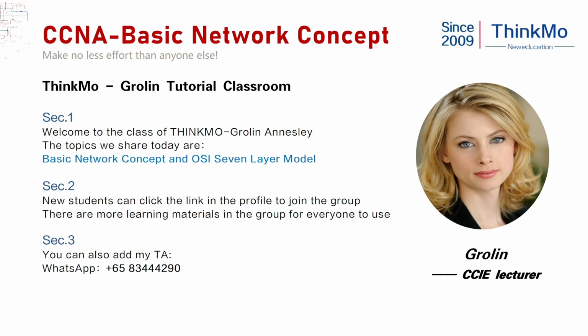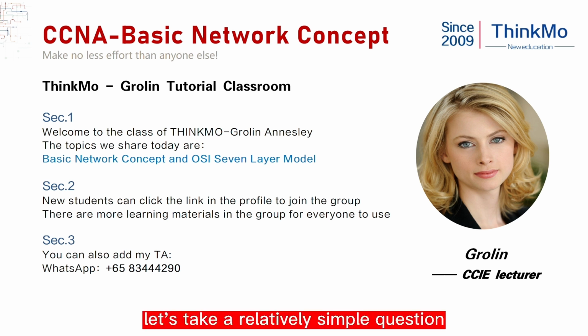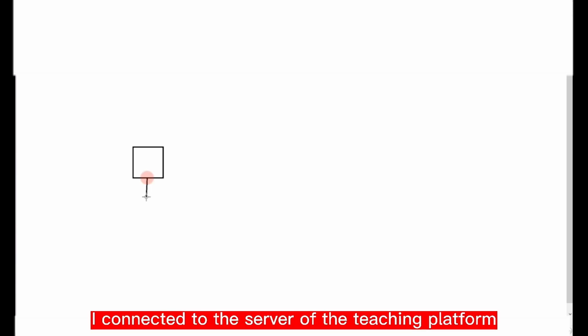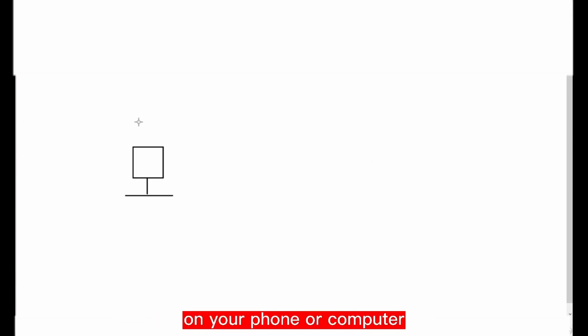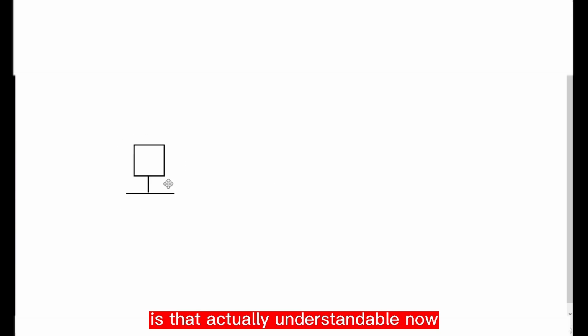For example, let's take a relatively simple question. This is my device on the left, the teacher's computer. I connected to the server of the teaching platform. I'm giving a lecture. You may be listening to my lecture on your phone or computer. Is that understandable now? Here are the students.